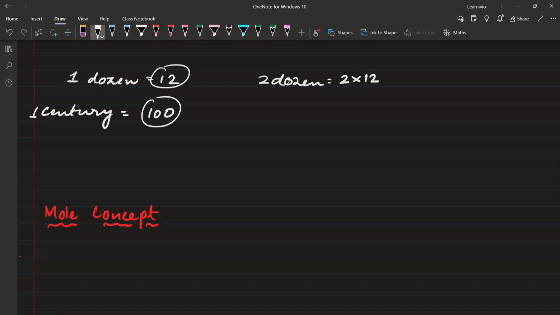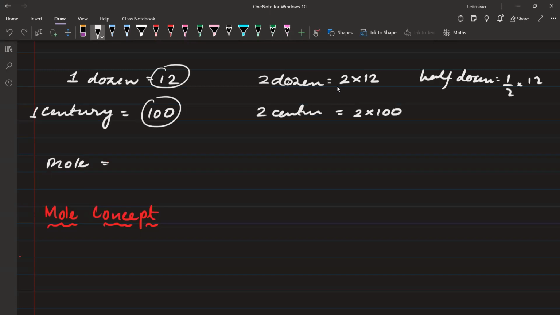Similarly, 2 century is 2 and century is just a word for 100. If I say half a dozen, half means 1 by 2, dozen means 12. Similarly, mole is also a number, but the value of mole is very large, which is equal to 6.022 into 10 to the power 23.